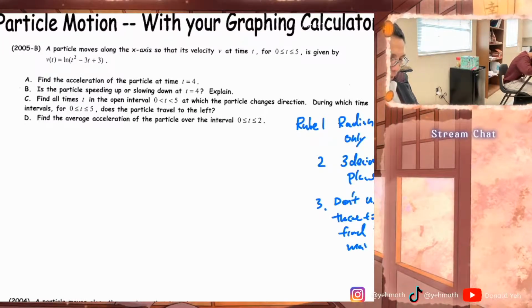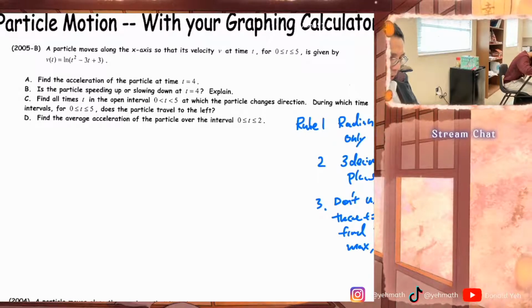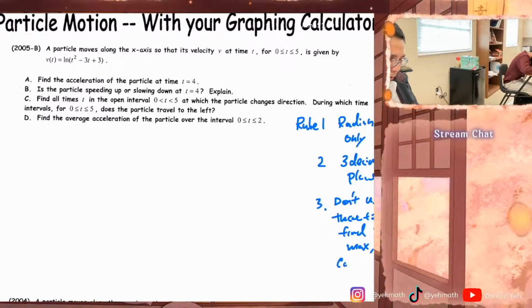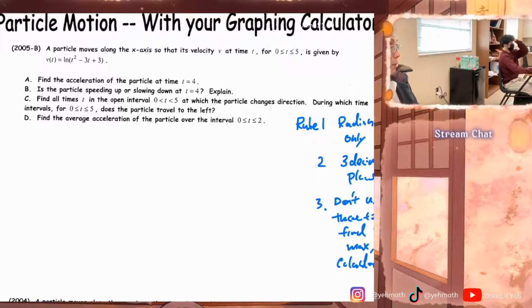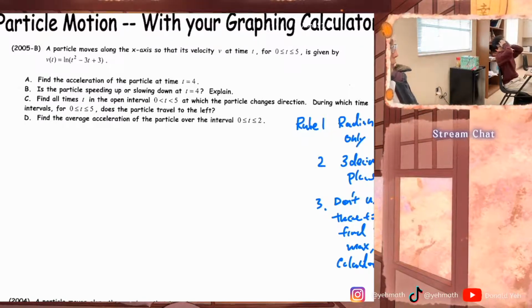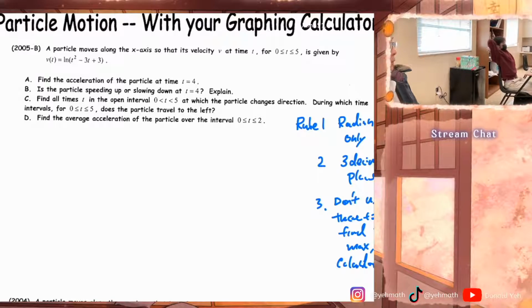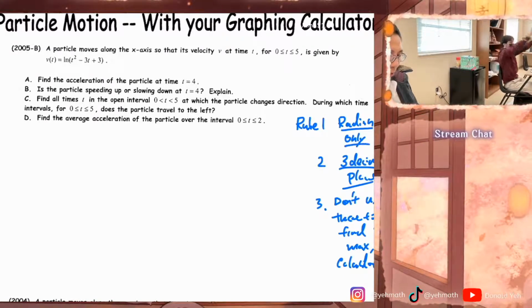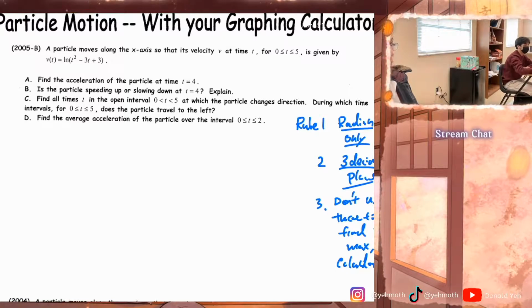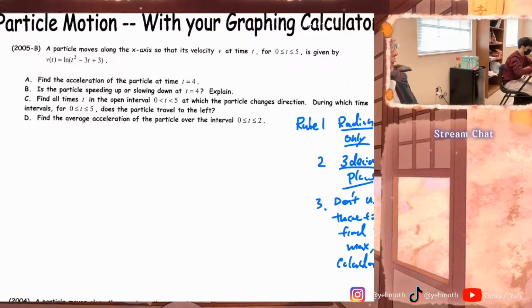Zeros, maximums, minimums, use calculate. Use the calculator to find the maximum. There is a tool for you to find it. A lot of people tend to do that. So 3 decimal places, radian only. If I think of another rule, I'll let you know. As far as right now, I can only think of 3 rules.